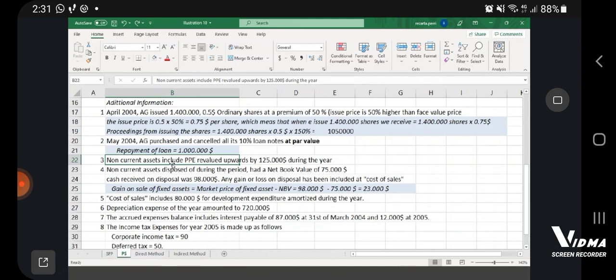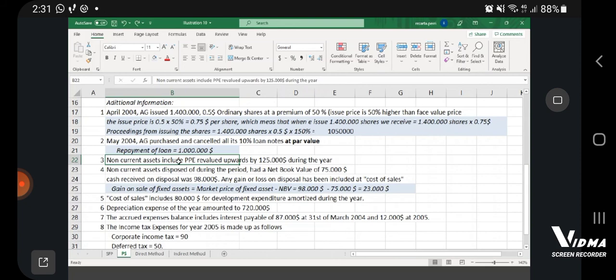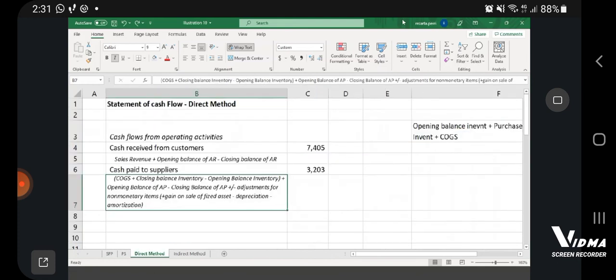It's not a realized expenditure like the gain or loss on sale of fixed assets or depreciation or amortization. So even though you have some revaluation which is non-monetary, it is not part of cost of sales. Now we are making the necessary adjustments only for those items included in cost of sales.